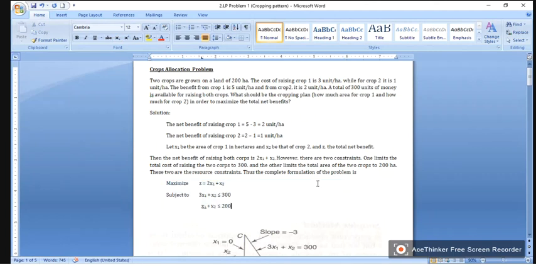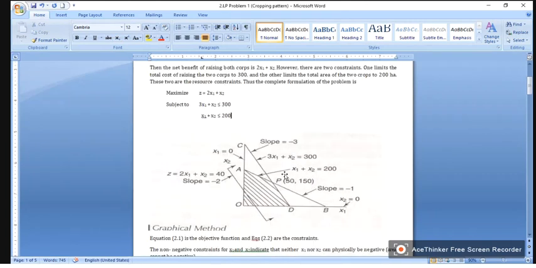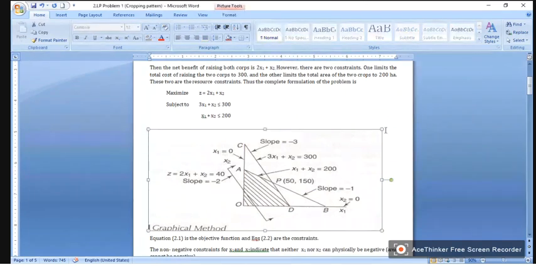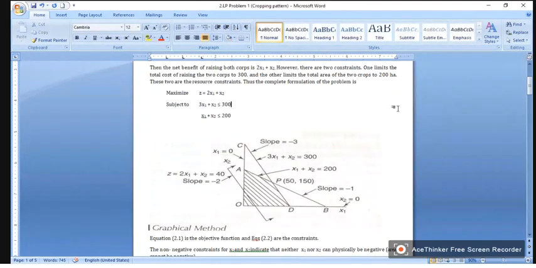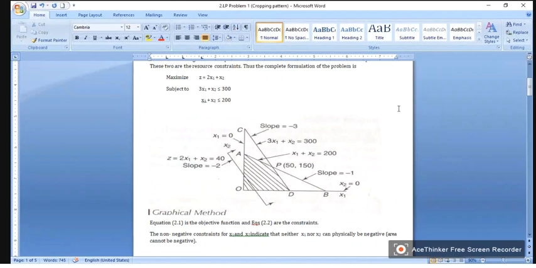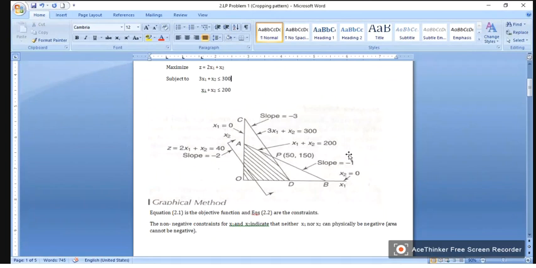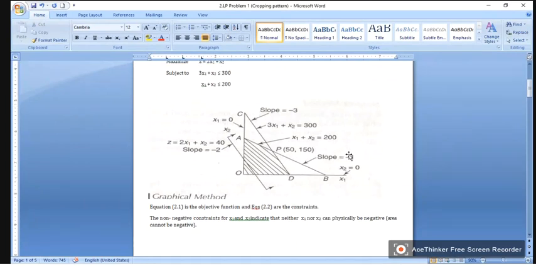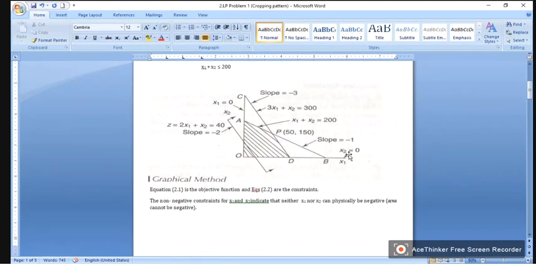Okay, and we have found the solution using the graph, and the solution is x1 equal to 50, x2 equal to 150, and what is the z value? 250, right?